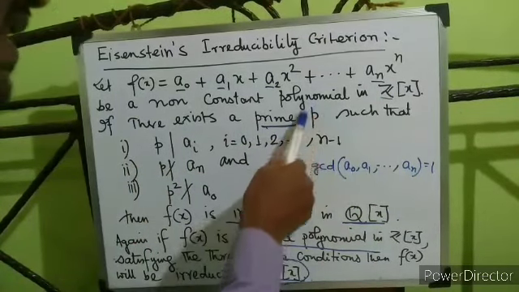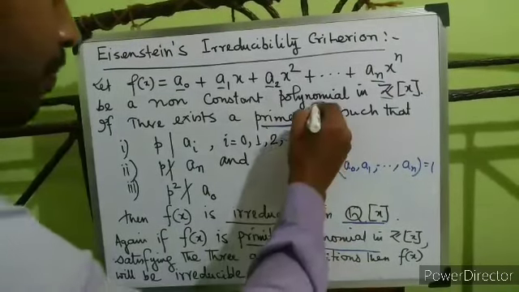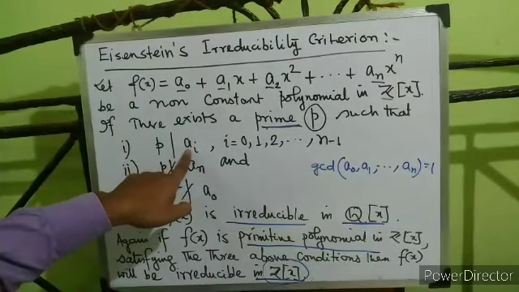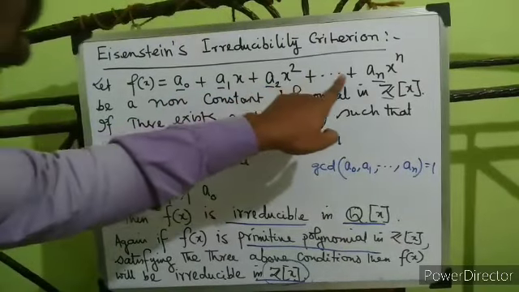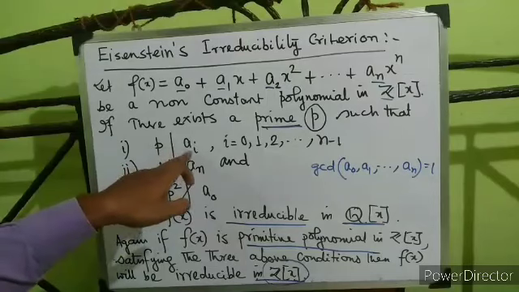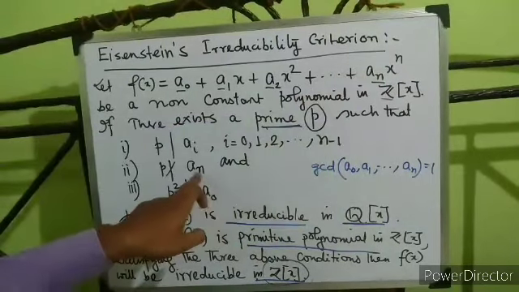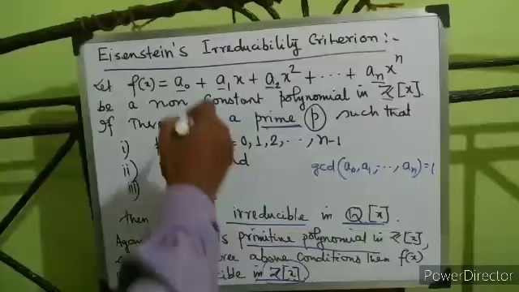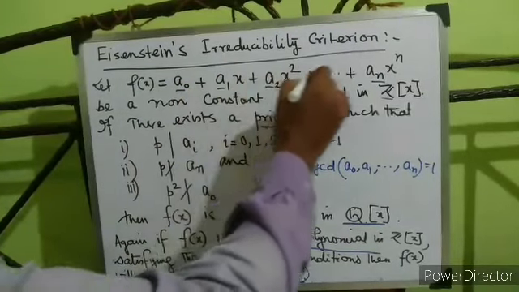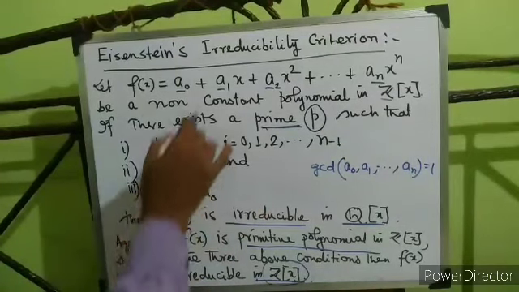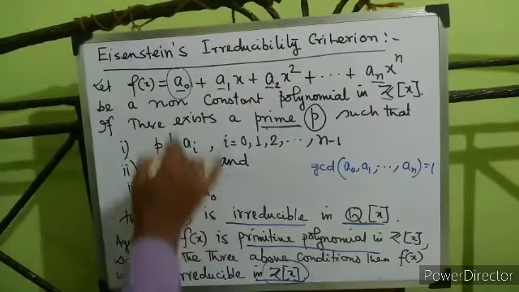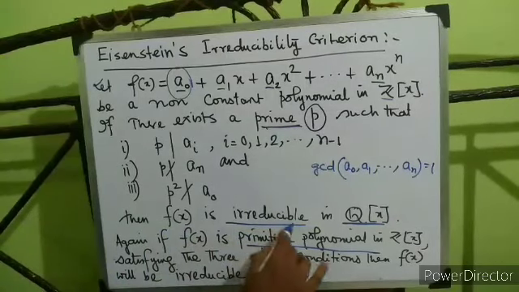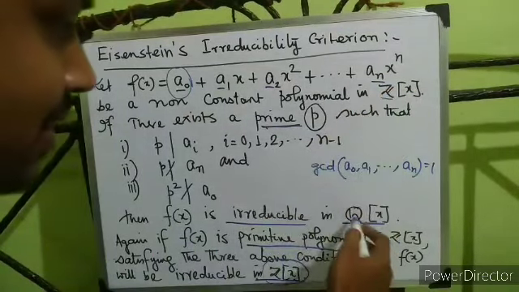If there exists a prime p such that p divides all the coefficients except the leading coefficient a_n, that is, p divides a_i for i equal to 0, 1, 2, ..., n minus 1, p does not divide a_n, and p square does not divide the constant coefficient a0, then f(x) is irreducible over the quotient field of Z, that is Q[x].